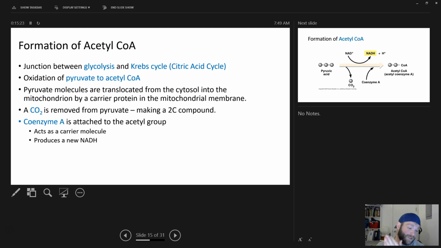This is where we're starting to get those products of the chemical reaction, that carbon dioxide. So in this process, we're going from a 3-carbon pyruvate to a 2-carbon sugar, and then we're attaching coenzyme A to it. This acts as a carrier molecule. It's a signal molecule that when the mitochondrial membrane sees it, they're like, oh, come on in.